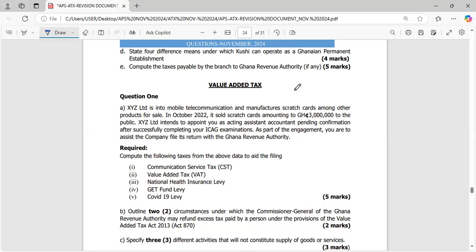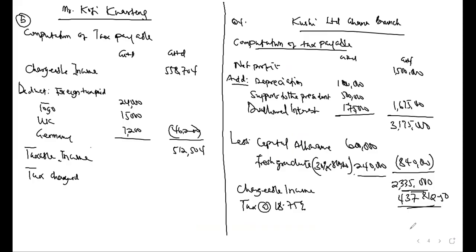Normally the taxable activity, we say supply of goods. There must be supply of goods or services. Now, for the VAT, normally we use the invoice credit system, so we use the input-output system.